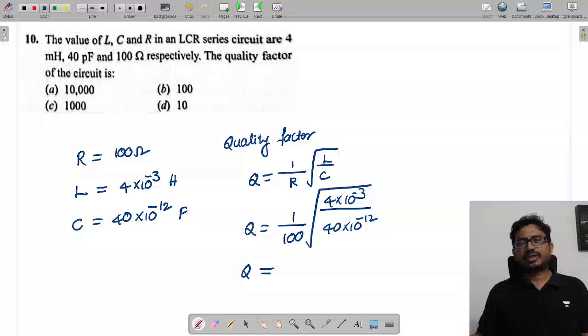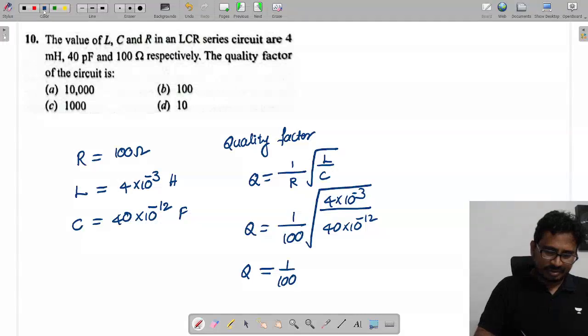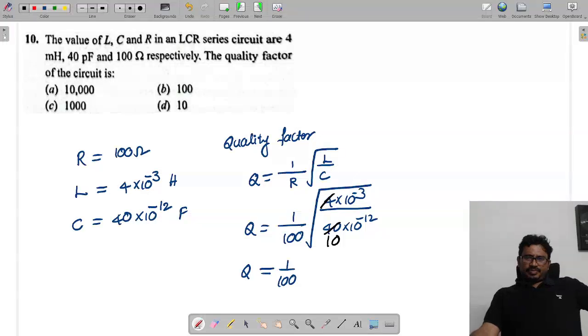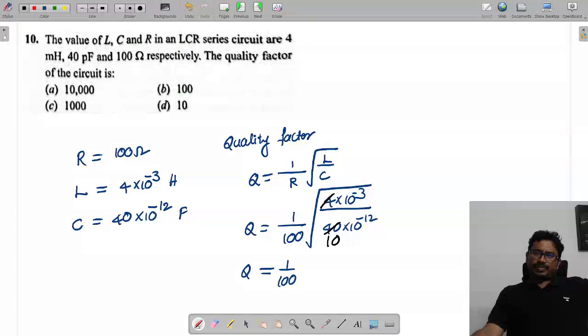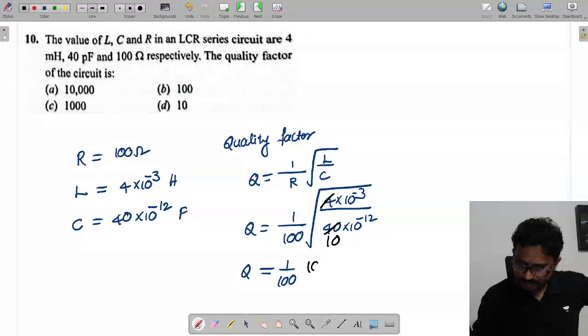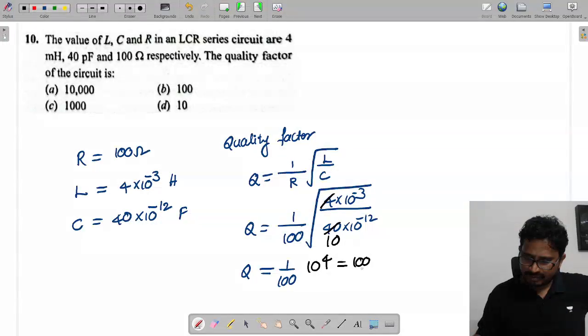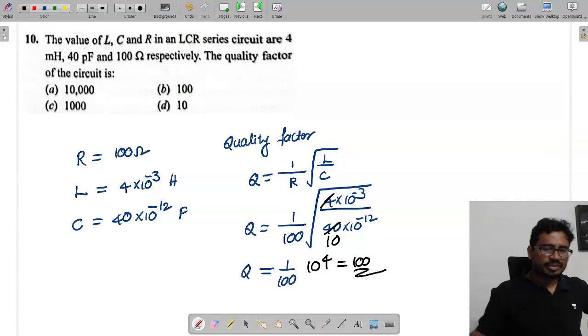Simplify, and we get 1 by 100 into 10 power minus 4, 10 power plus 8, so 10 power 4 will come. So 100, isn't it? By doing this, we get 100. Check this thing.